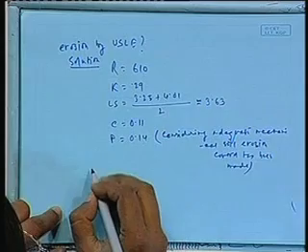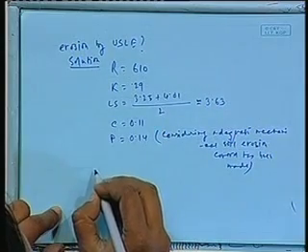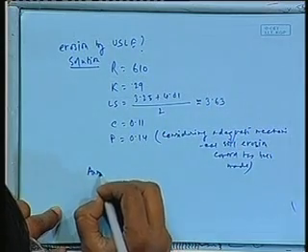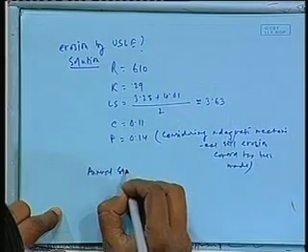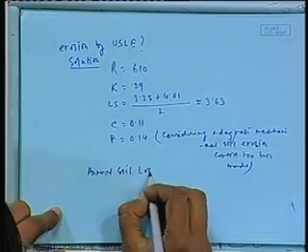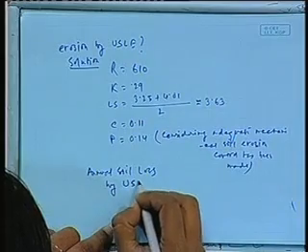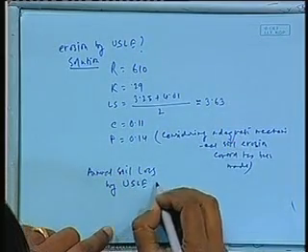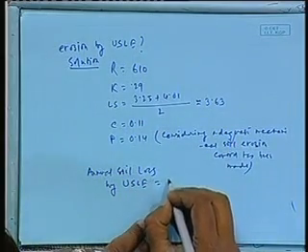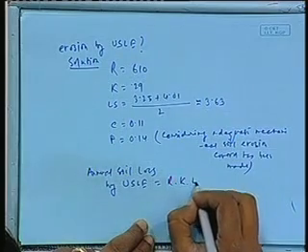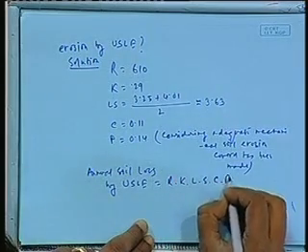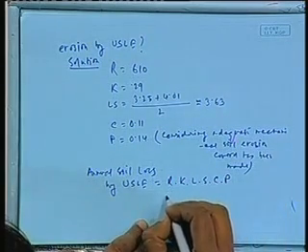So if you multiply this now, annual soil loss by universal soil loss equation is RKLSCP.